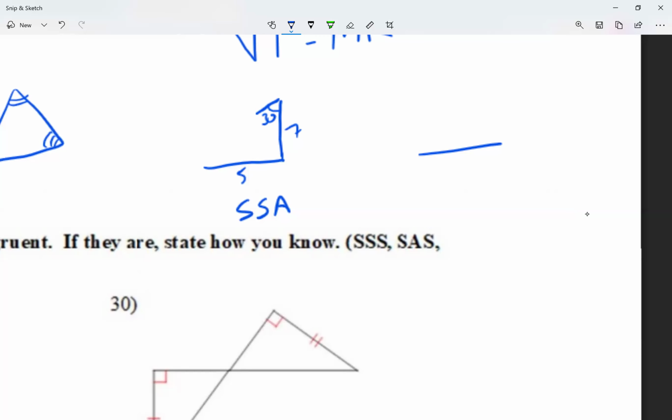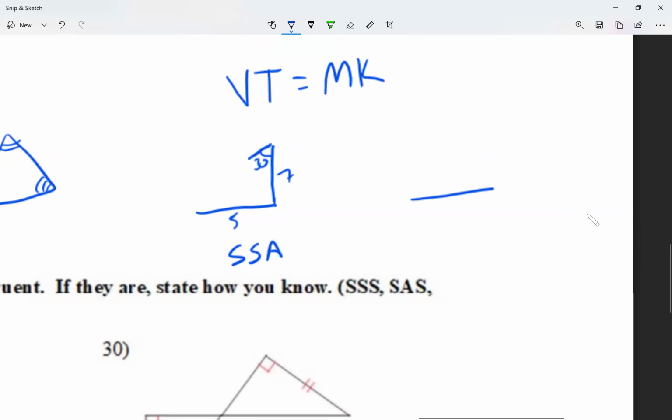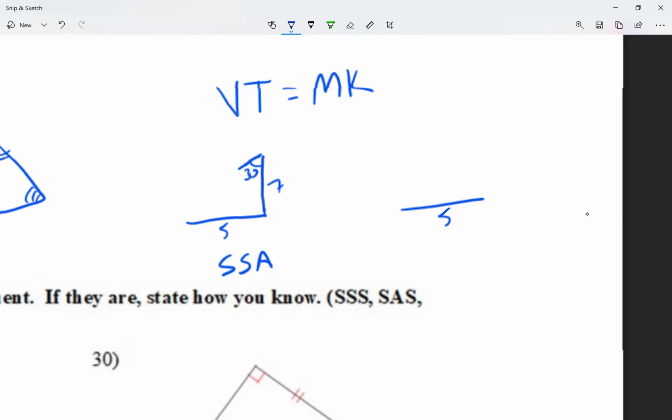And I tell myself, okay, let me create the other triangle: 5, and let's say 7 and 30 degrees. Well, that thing doesn't quite work, right? Hmm.